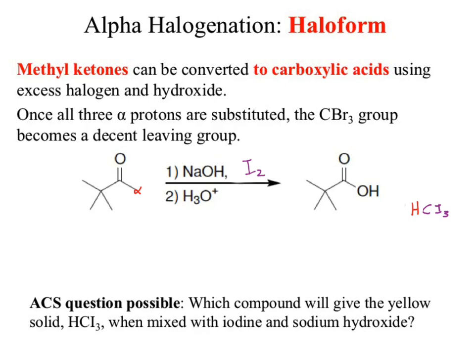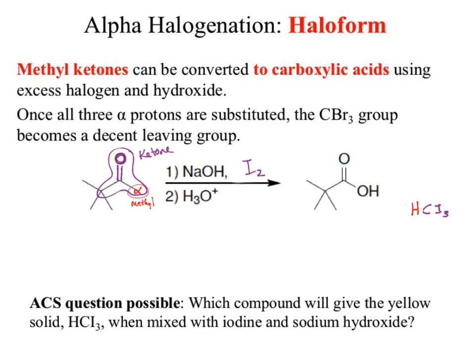So I needed what kind of a functional group there? Name that alpha position for me. It is a methyl. That methyl happens to be located next to what? The carbonyl carbon. Name that functional group. A ketone.